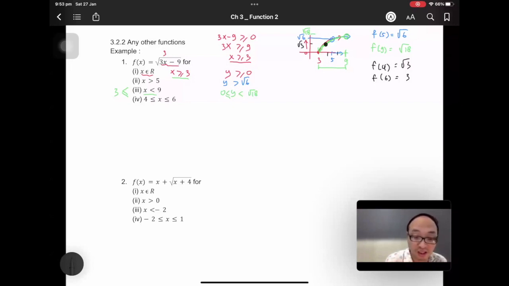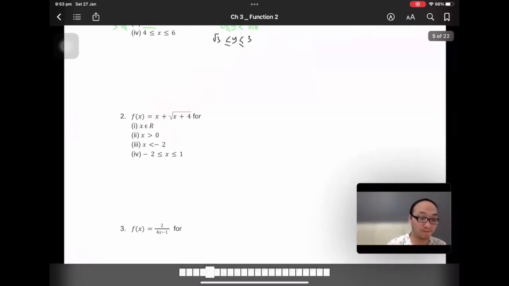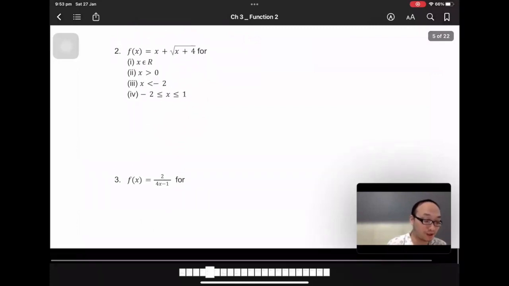And 6 will be here, inclusive, and this is 3. So the y values are from square root of 3 inclusive to 3 inclusive.